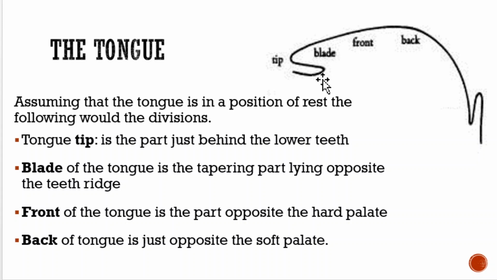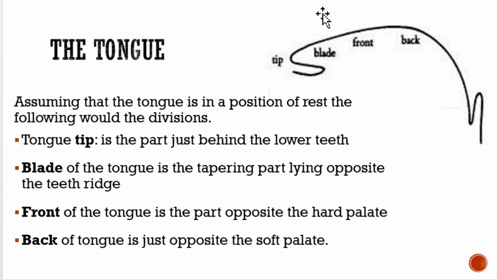The tongue, being a very important active articulator, has many marked regions. The tip of the tongue is here. The tongue tip is the part just behind the lower teeth. The blade of the tongue is the tapering part lying opposite to the teeth ridge. This is the blade. The front of the tongue is the part just below the hard palate.